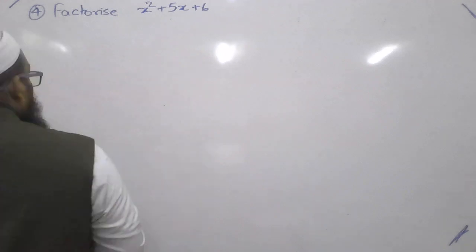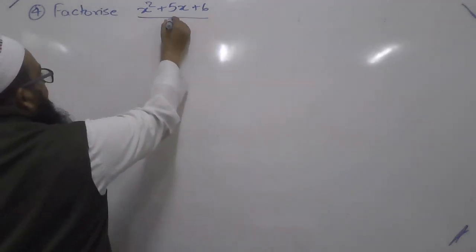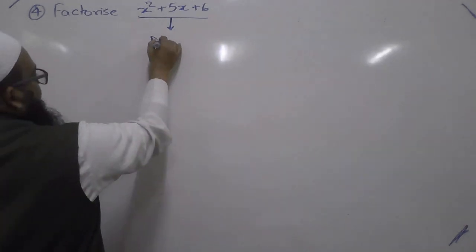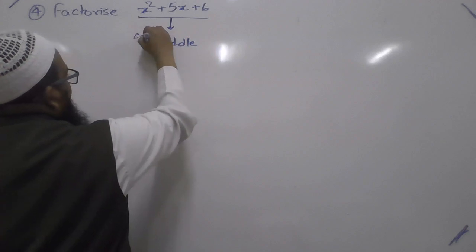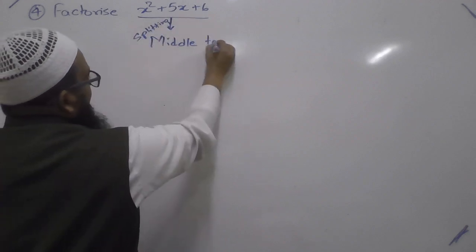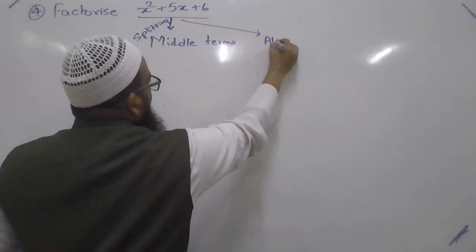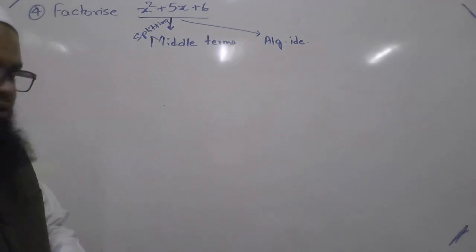So how did we factorize quadratic polynomials? By splitting the middle terms, or we have also used algebraic identities.